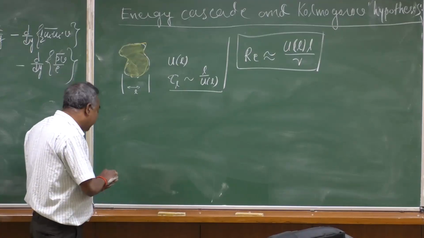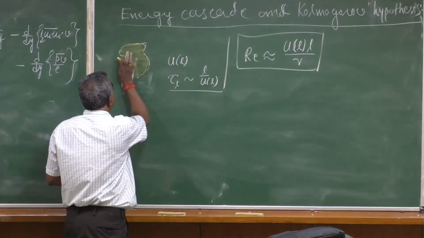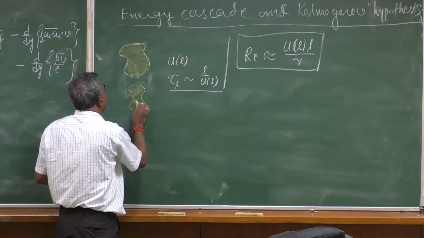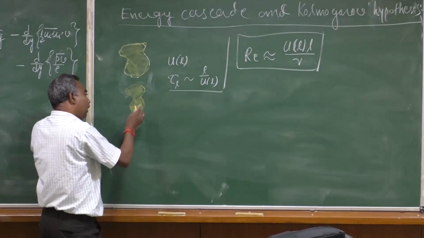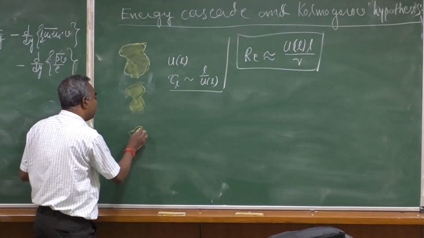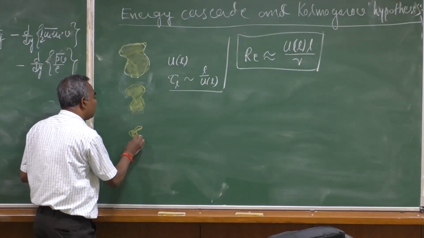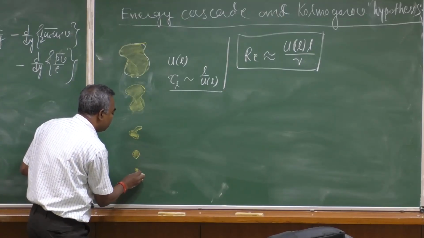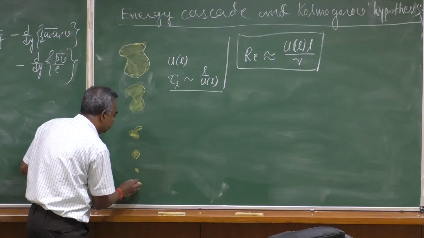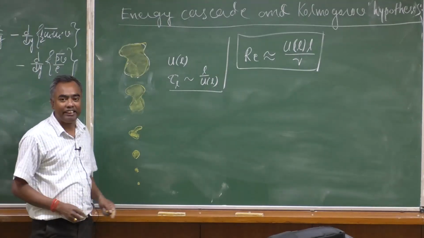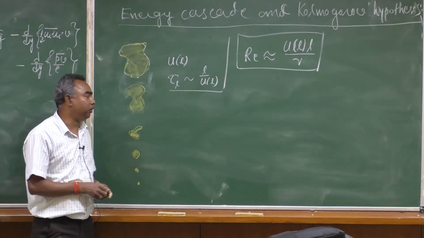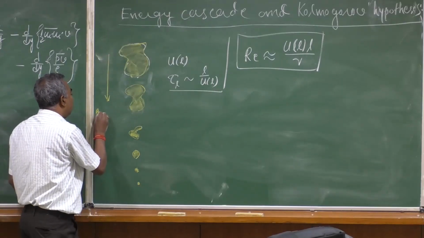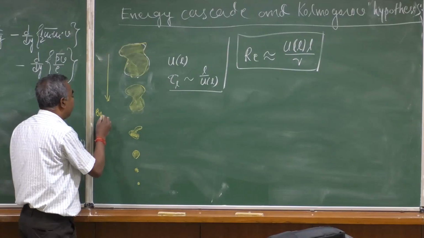He pictured that idea: this bigger eddy, then from that there will be another smaller one, and this smaller one is going to break into an even smaller one, and so on to the smallest one, where it will get dissipated by the effect of viscosity. That is the kind of energy cascade picture put forward by Richardson.